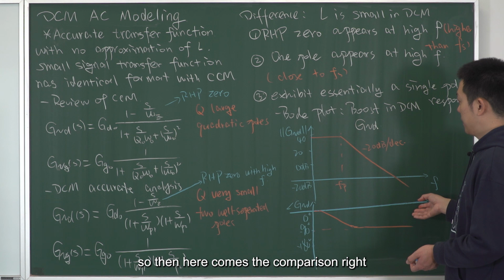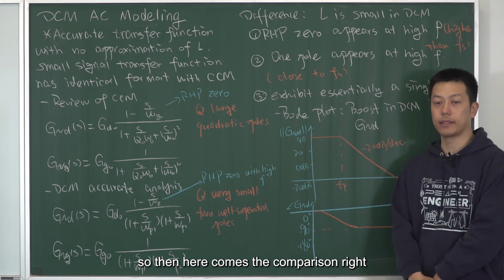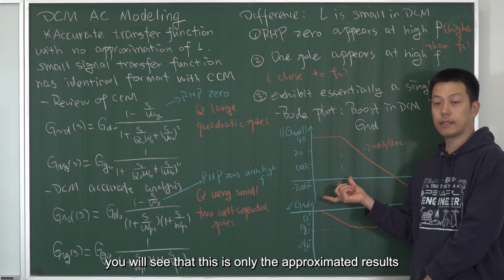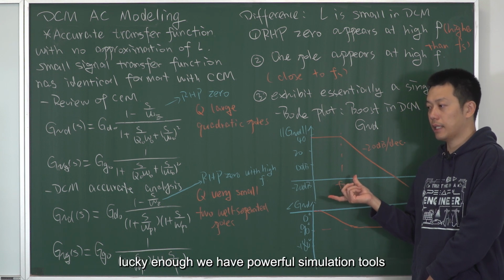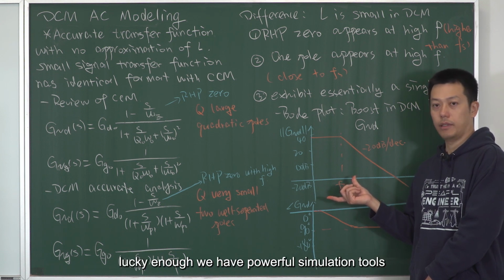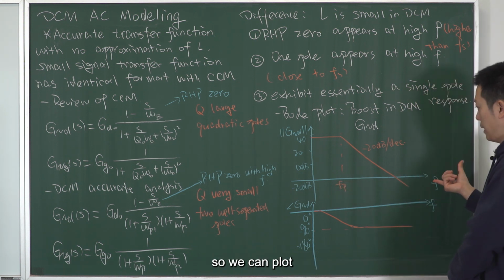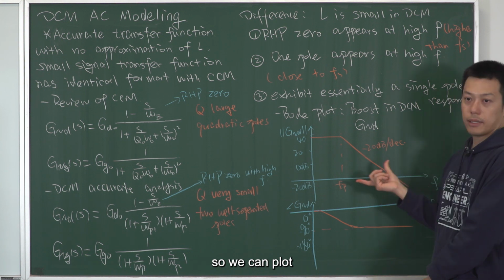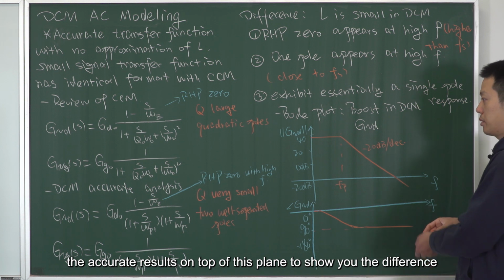Then here comes the comparison. You will see that this is only the approximated result. How about the accurate analysis? Lucky enough, we have powerful simulation tools to analyze the Bode plot, so I will plot the accurate result on top of this plane to show you the difference.